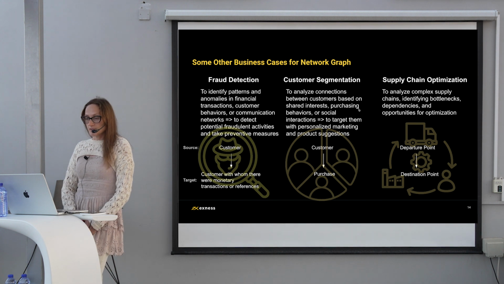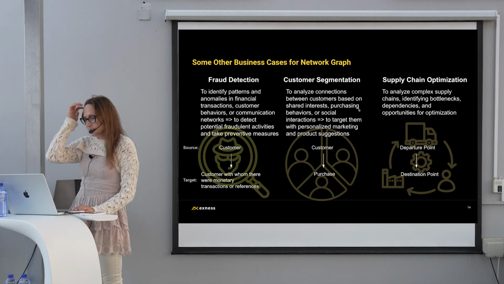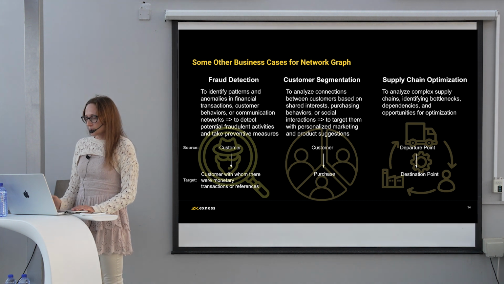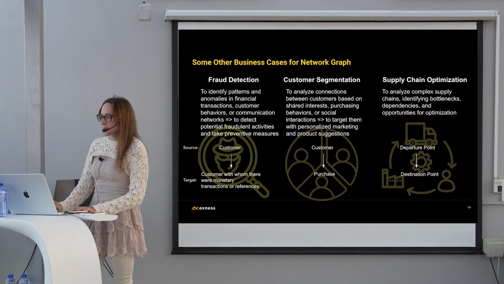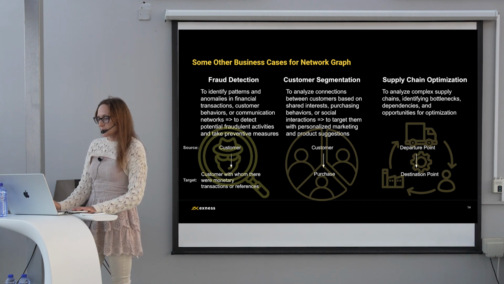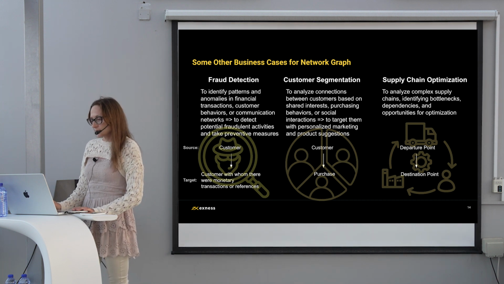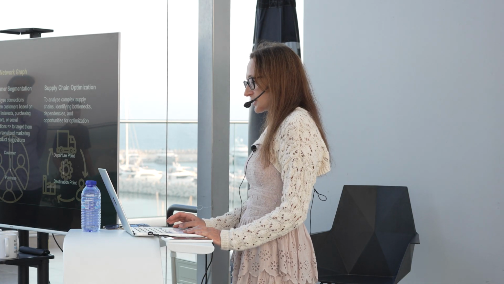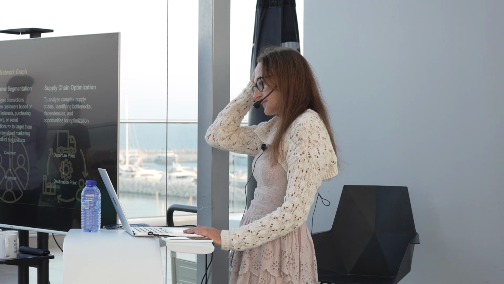There are some other business cases for network graph. For example, fraud detection. By identifying patterns and anomalies in financial transactions or customer behaviors or communication networks, we can detect potential fraudulent activities and take preventive measures.